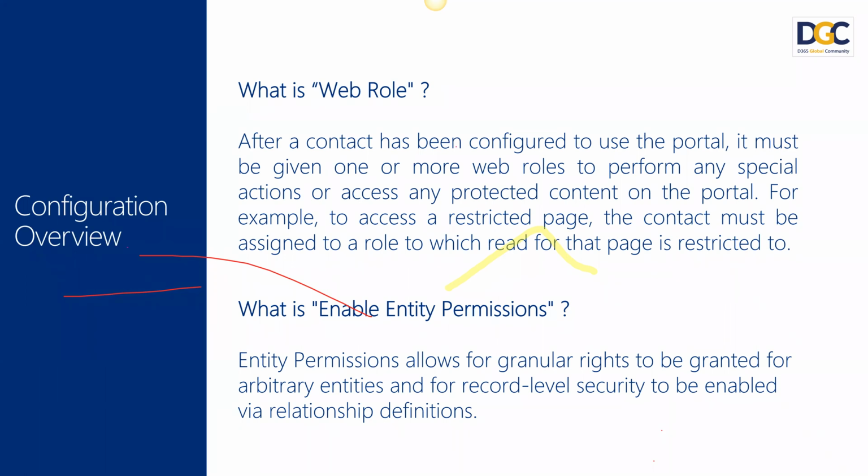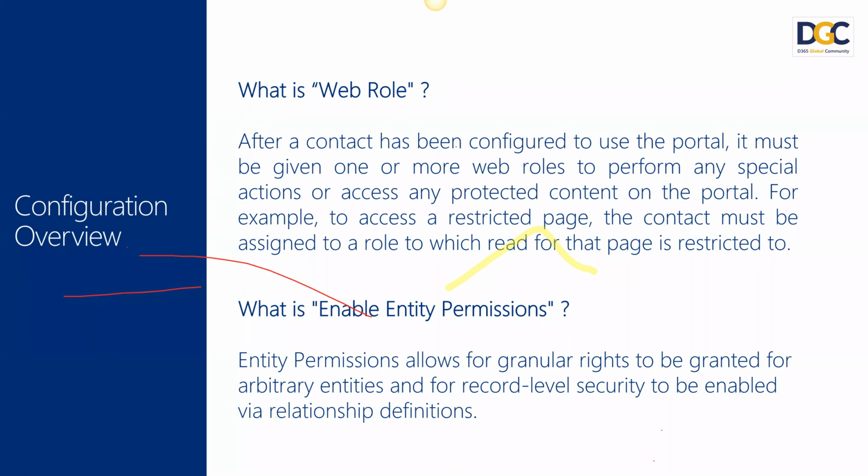And the second thing is entity permission. Let me explain it this way. It means that when a user accesses any entity from the portal, so let's say we have the case entity, the portal entity permission will be applicable to that user.